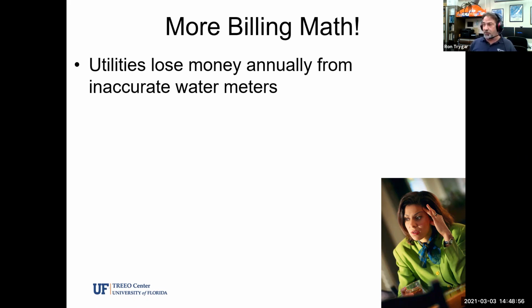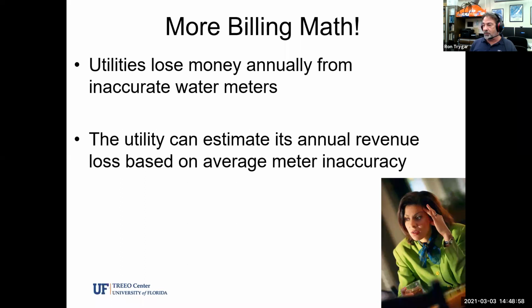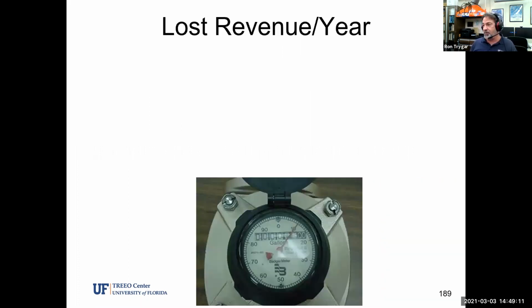So utilities lose money annually from inaccurate water meters. And what we can do is estimate the annual revenue lost based on an average meter inaccuracy. So if we figure that so many meters are so much percent inaccurate, we could figure out our loss. It's called lost revenue per year.